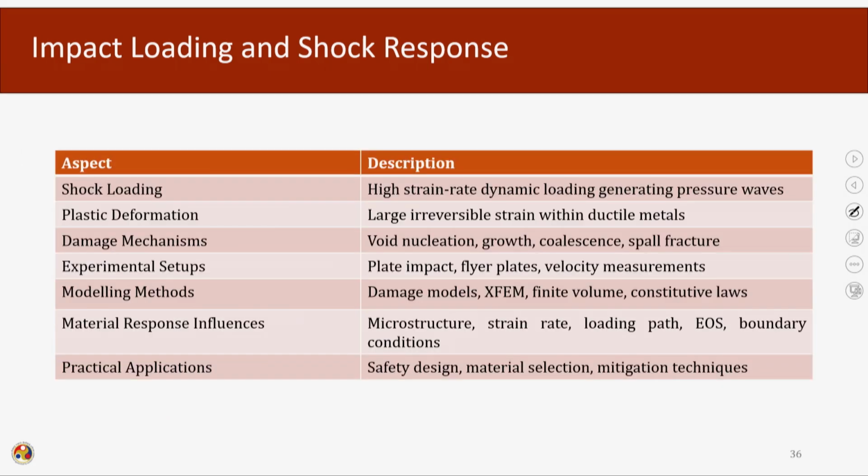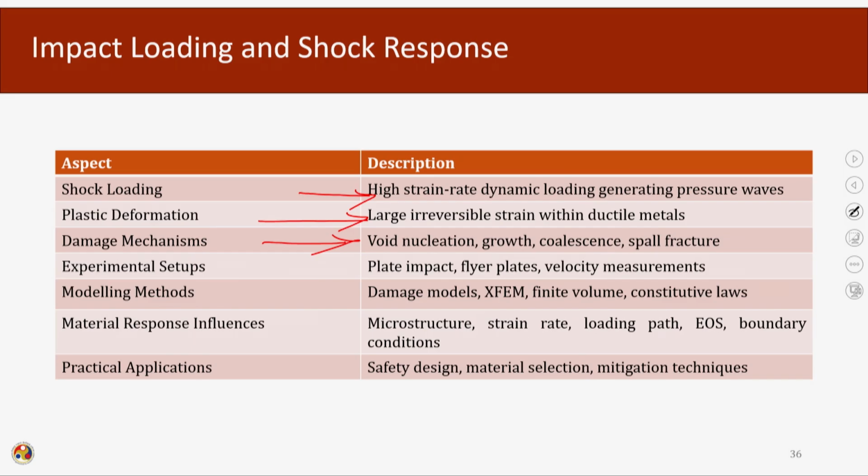So, different aspects of the loading. Shock loading is a high strain rate dynamic loading, and it generates pressure waves. Plastic deformation is a large irreversible strain within ductile materials. Damage mechanisms, so different types are outlined: void nucleation, growth, coalescence, spalling, fractures, and so on.